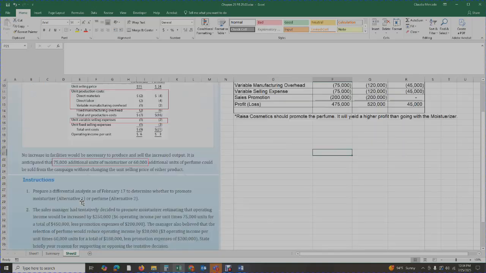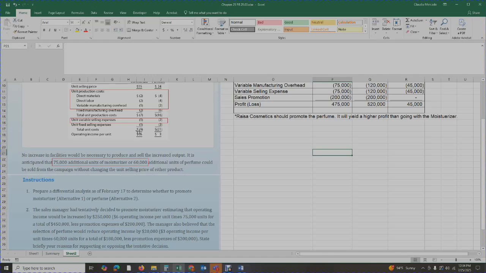Now, the second requirement: the sales manager had tentatively decided to promote the moisturizer, estimating that operating income would be increased by 250,000. So the manager picked up the operating income and multiplied it by 75,000 units to come up with $450,000. And then from there, they took out the 200,000 promotion expense.